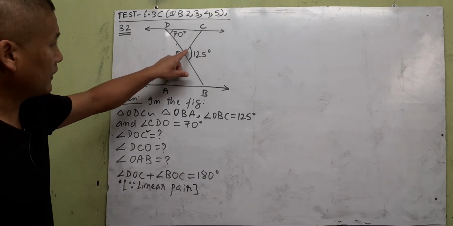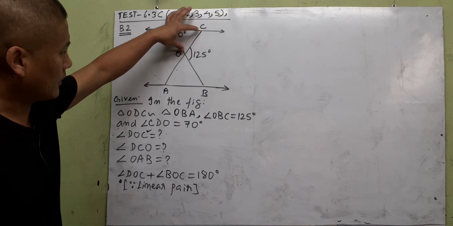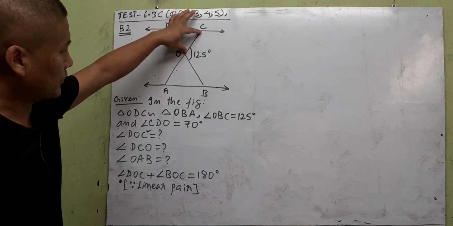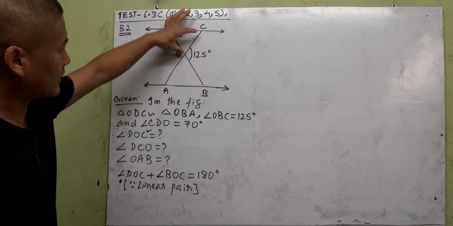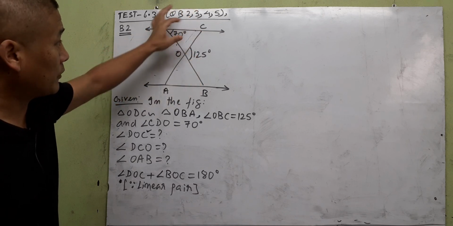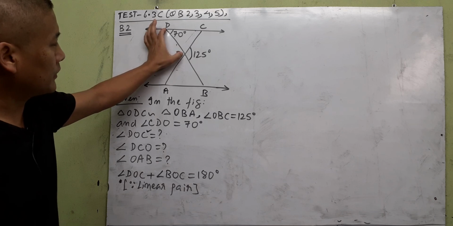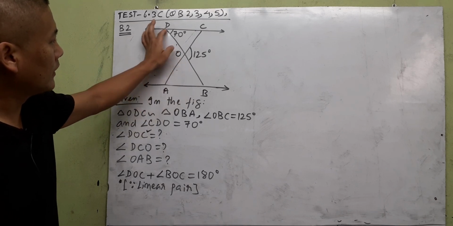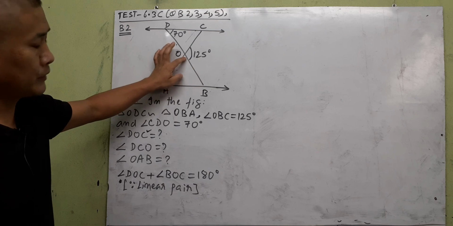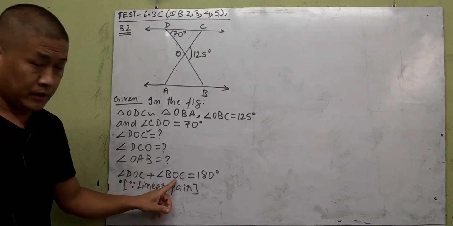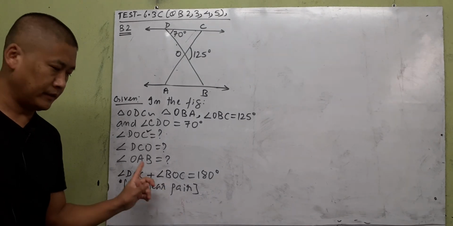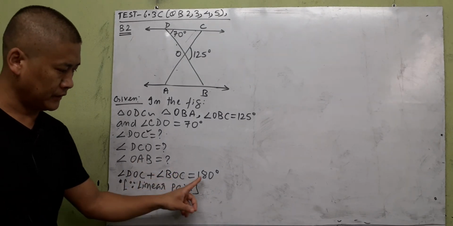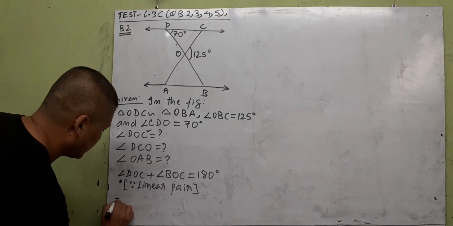Here the common arm is CO, which is the arm of this angle, and this angle also has CO as the common arm. The uncommon arm of the first angle is DO, and of the other angle is OB. So DO and BO, the uncommon arms of these two angles, make a straight line. It's called a linear pair, and when two angles make a linear pair, their sum is 180 degree, right? So we know that.